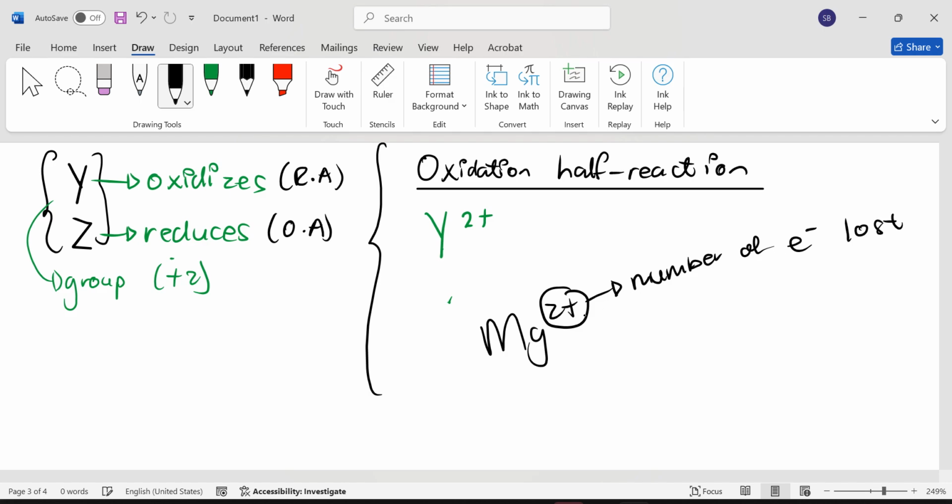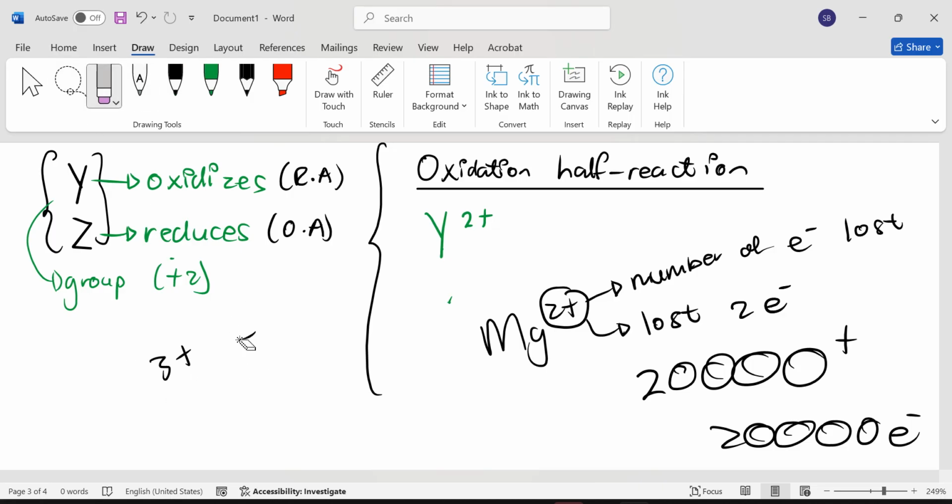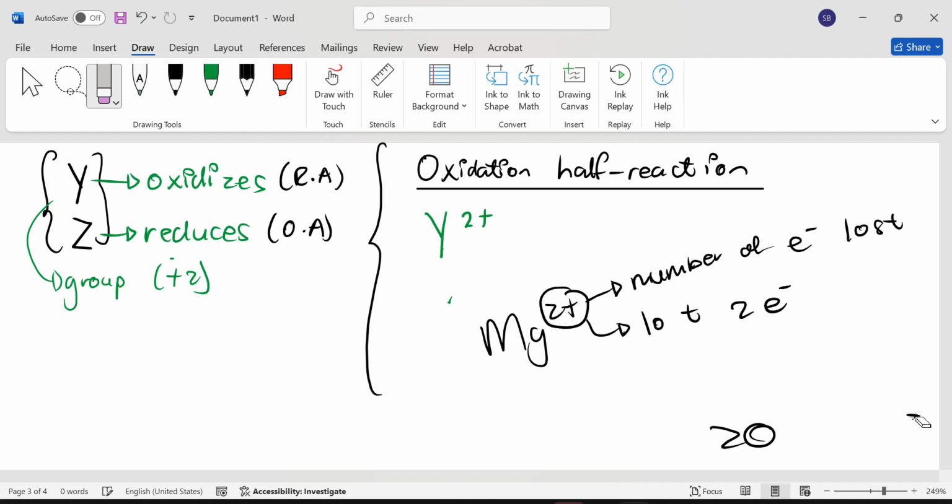In this particular case, that means this lost 2 electrons. That's how it always works. Even if it was a 3 plus, it tells you that it has lost 3 electrons. If it was 20,000 plus, it tells you that it has lost 20,000 electrons. By the way, there's no such thing as a 20,000 charge, but I really hope you got the idea.